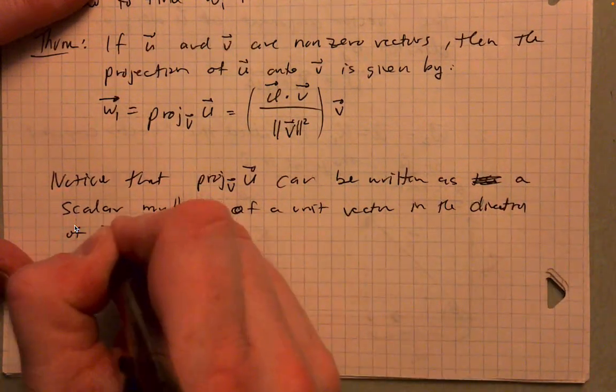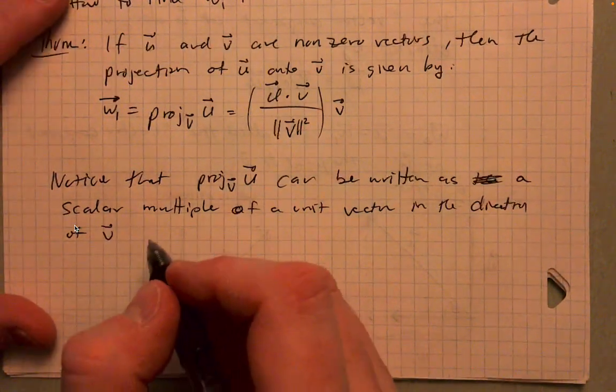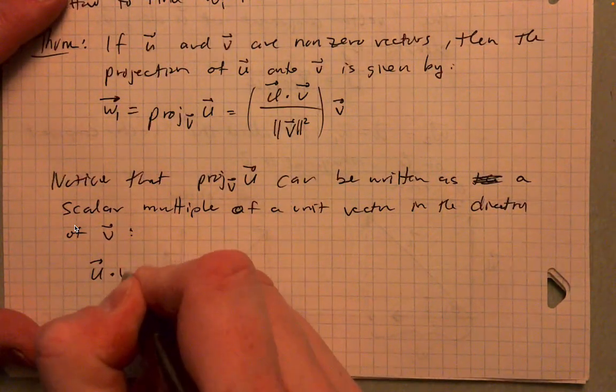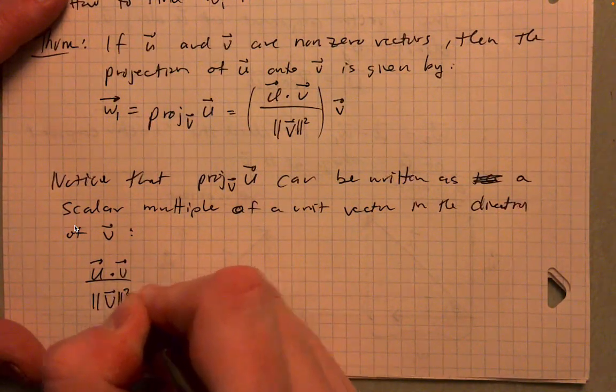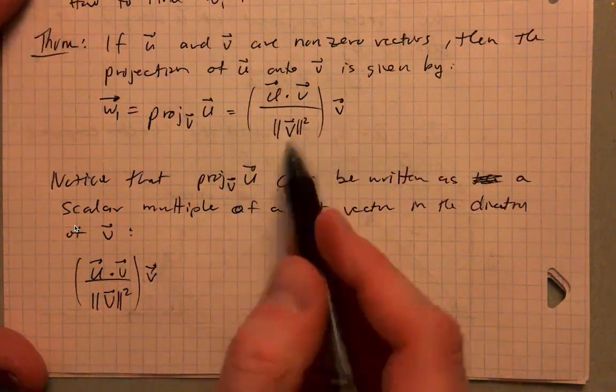So that should be common sense, right? It's just a scalar multiple of a unit vector in the direction of V. Okay. And so what does that produce? Well, you've got your U dot V divided by the norm of V squared times V. Okay, so that's the theorem we just looked at.